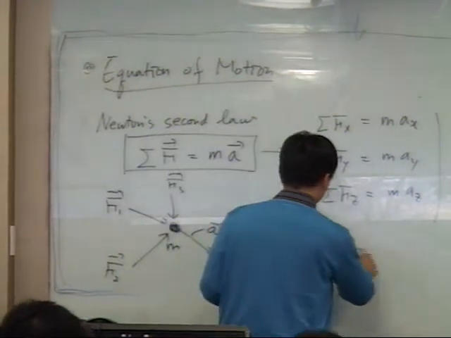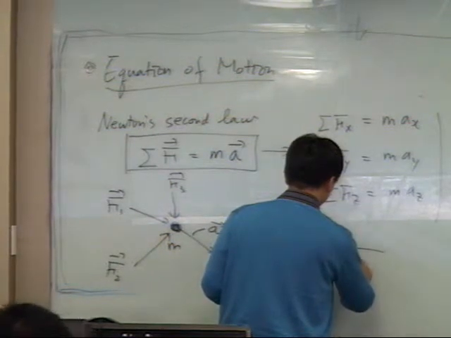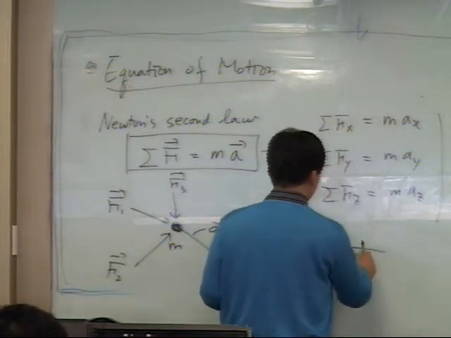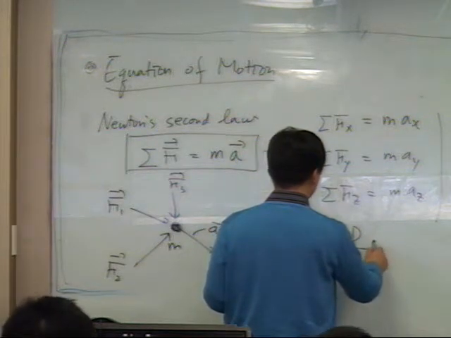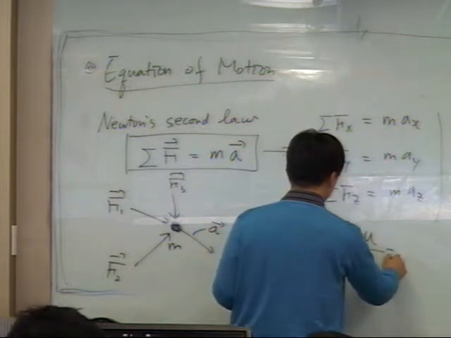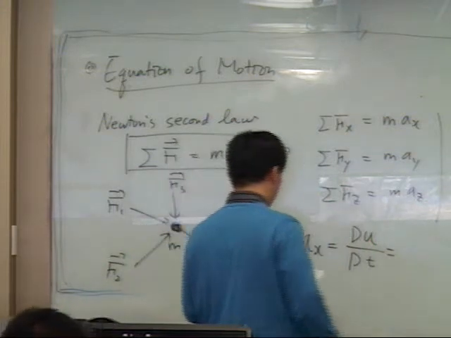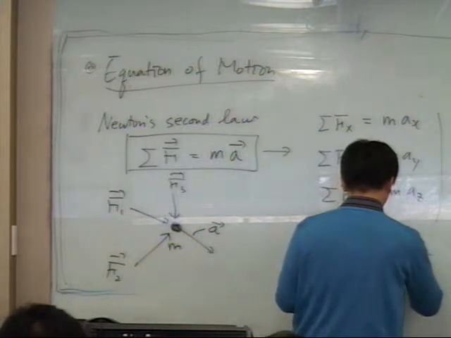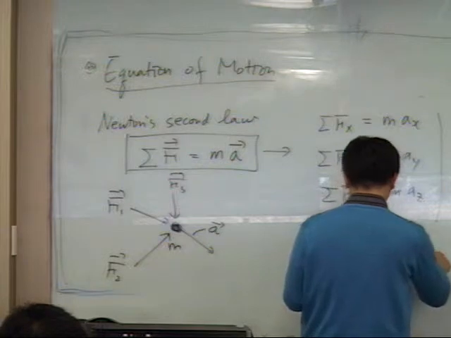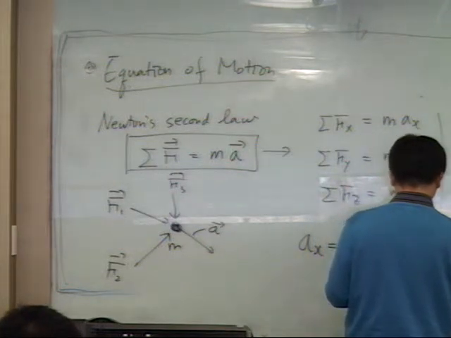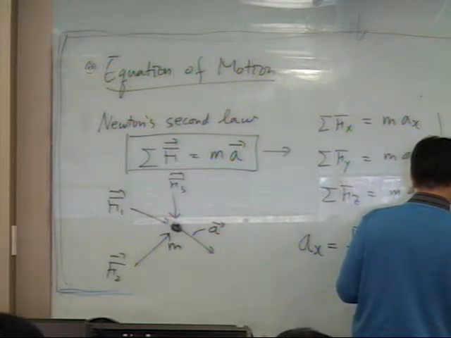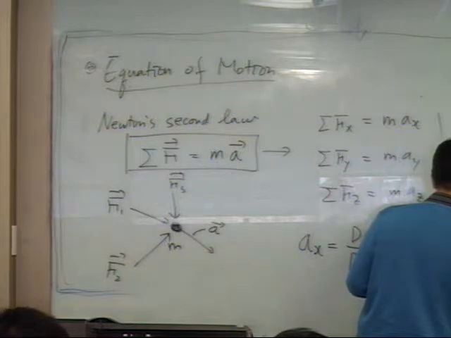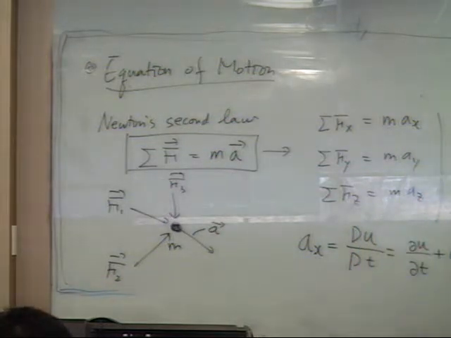So we need to take the total derivative to calculate the acceleration in the x direction. This will be partial u partial t, plus u partial u partial x, plus v partial u partial y, plus w partial u partial z.